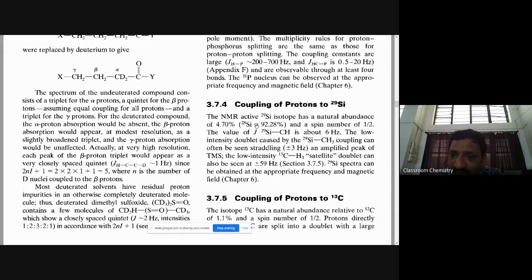While silicon 29 has a natural abundance of only 4.70%, and its spin number is 1/2. So no doubt it acts like a proton, because proton has spin quantum number half. All of you understand?